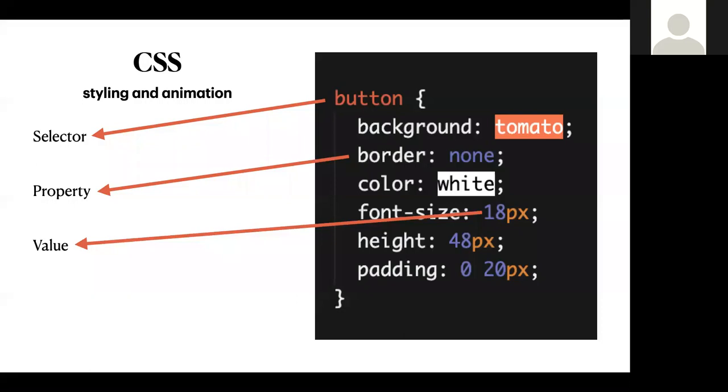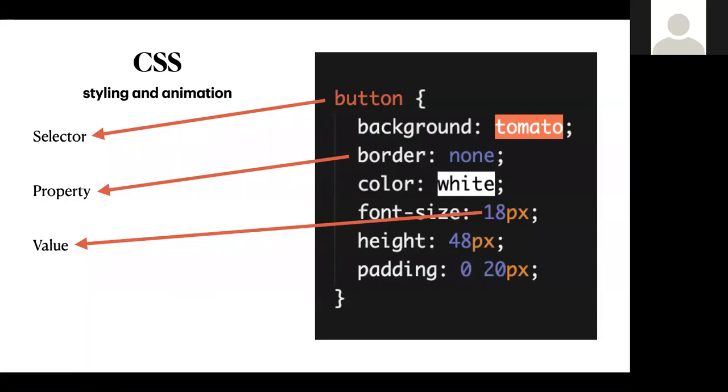Then all the white text on the left side, like background, border, color, font size, height, and padding, are called properties. This is telling the browser, these are the things I want to change on this button. In my case here, I want to change the background, and I want to change the border, because by default there's a border on the button, etc. And the ones after the colon and before the semicolon are called the values.